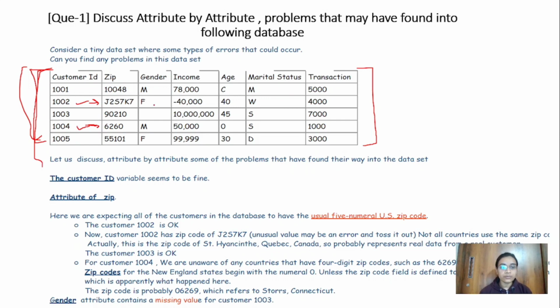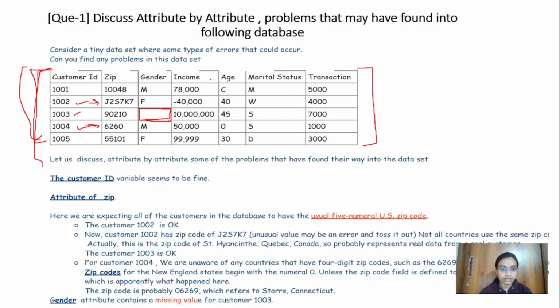In the gender attribute, there is a missing value associated with customer ID 1003. We need to handle this missing value with the help of mean, median or random distribution, or by a user defined constant, because missing values may cause problems in further processing of the data.